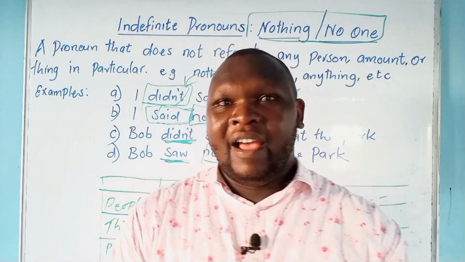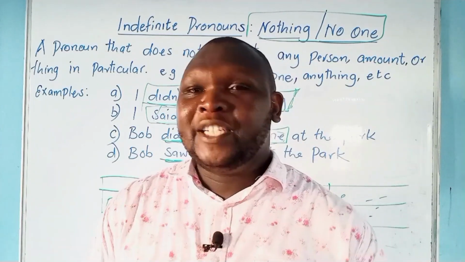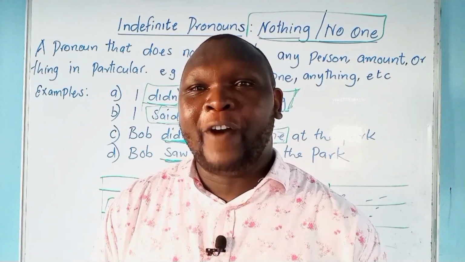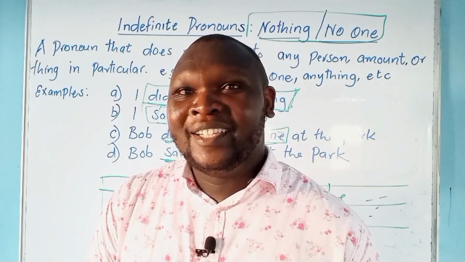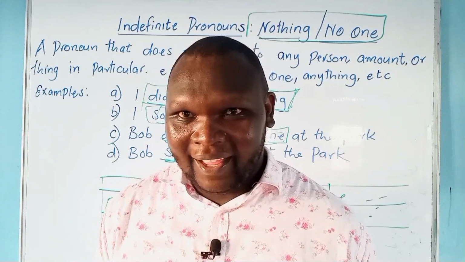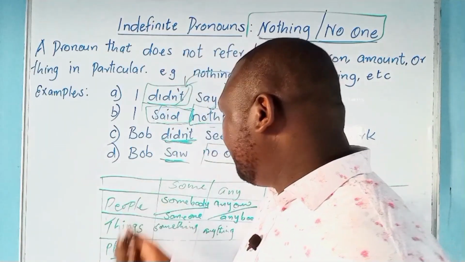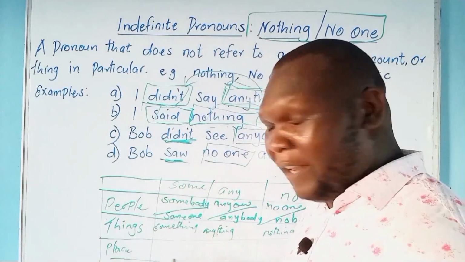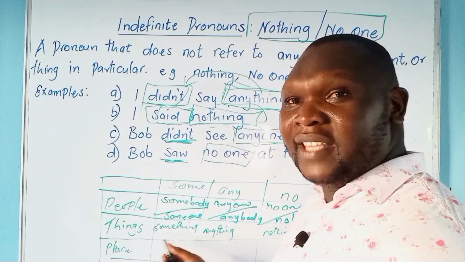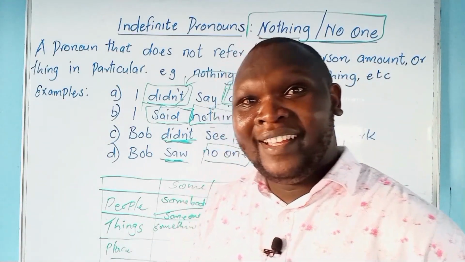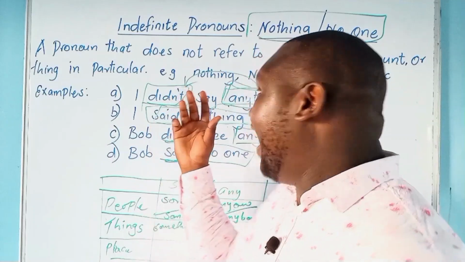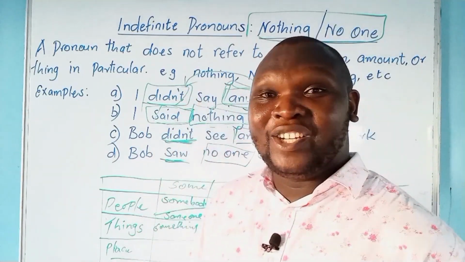In a nutshell, an indefinite pronoun does not refer to any person, amount, or thing in particular. I showed you how to make some indefinite pronouns, and the ones we have referred to today are "anything," "nothing," and "no one."